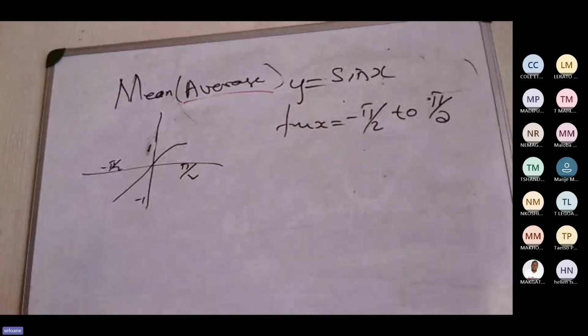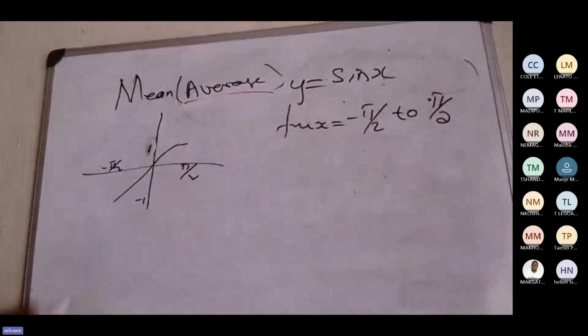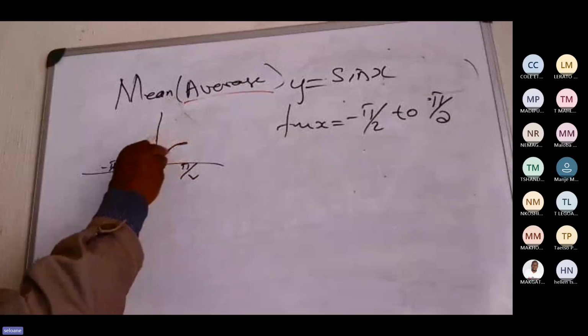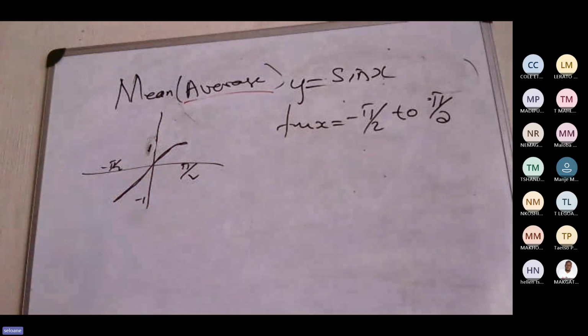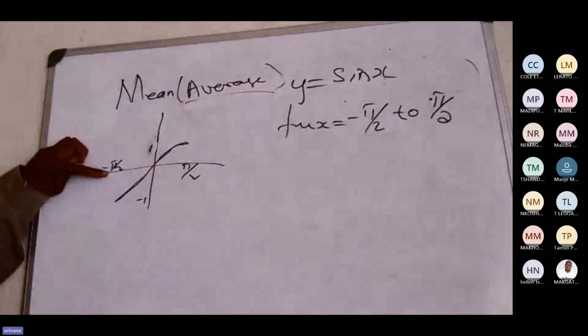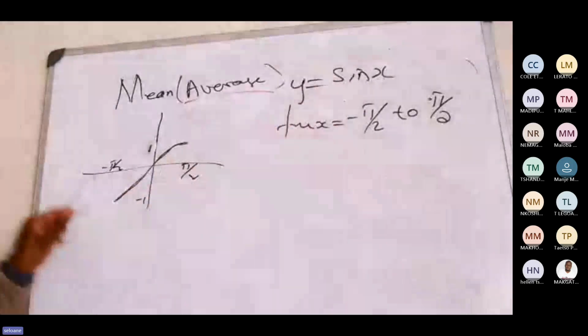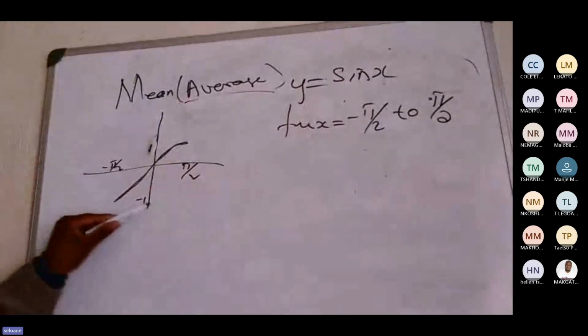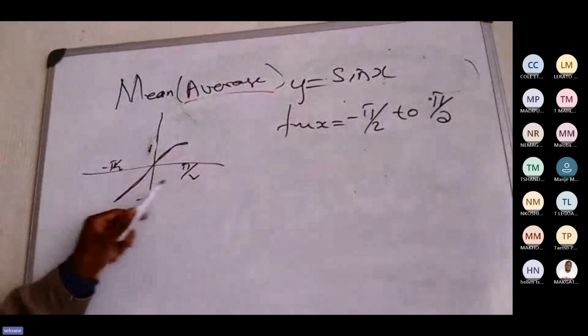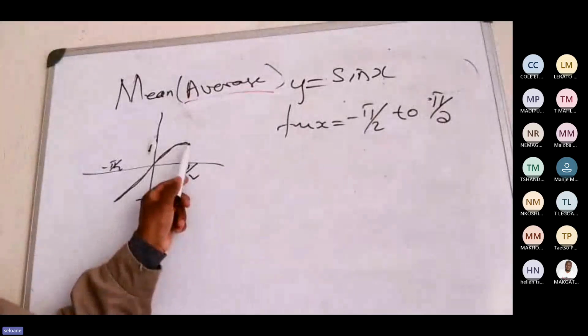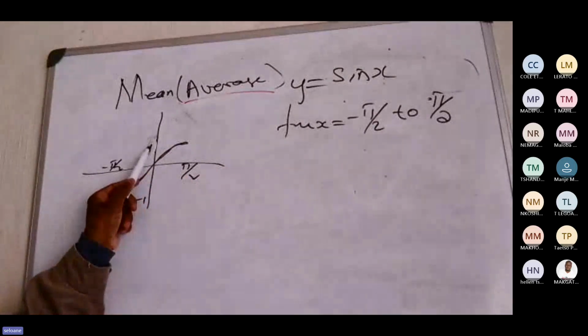So we must now find the average of the values of y. Remember, when x is minus pi over 2, it will give you minus 1. When x is pi over 2, y will give you 1.